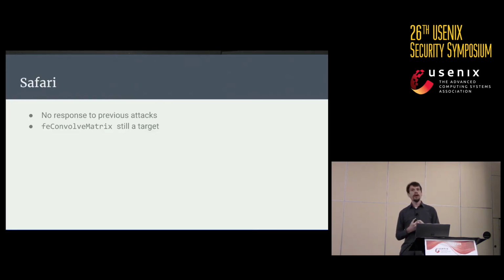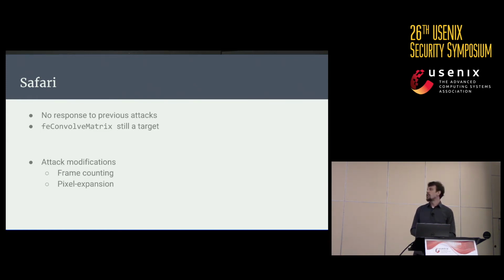So we're going to start with Safari because it's the most boring attack. Safari had not made any particular major changes to their graphics rendering stack since our previous work, so we can still use their FE convolve matrix implementation. It's still relatively vulnerable. We just need to rebuild this horrific stack of transformations and targeting that we do internally. Notably, we actually have to change the way that we count how long it takes for the frame to render.